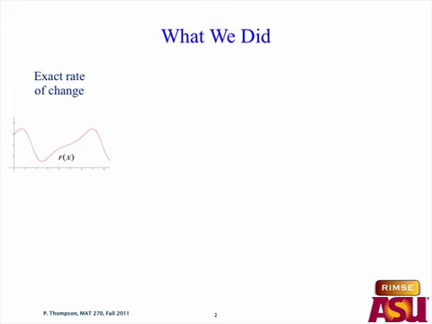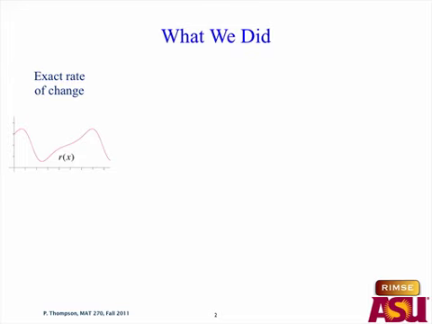Was our goal an exact accumulation function or an approximate accumulation? Okay, yeah, so our goal was to get the actual accumulation function, the real one, right? That was our goal. And so we've been on this month-long, 5-week journey, starting with exact rate of change.